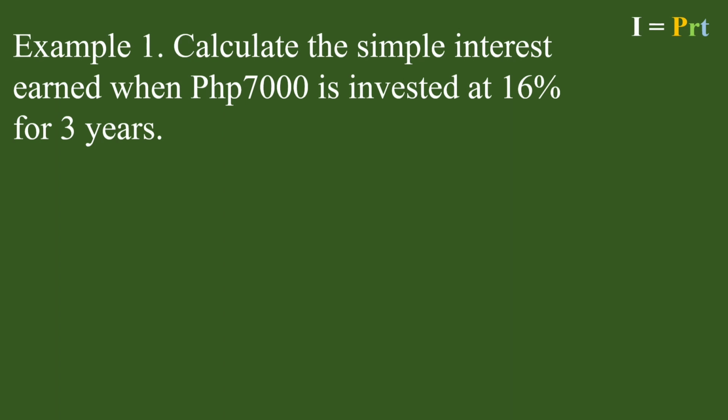So that is what is being asked. The simple interest is letter I. So that is the missing variable. When 7,000 is invested, so 7,000 pesos here is the principal.